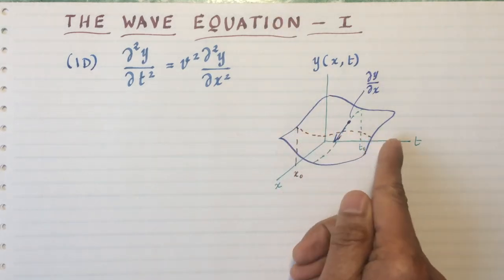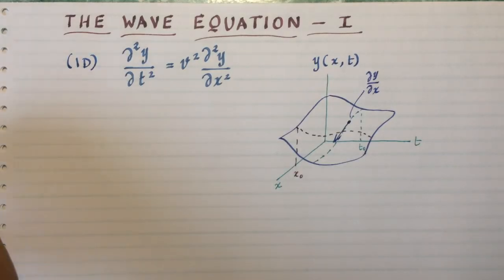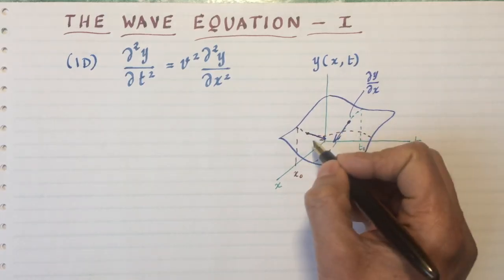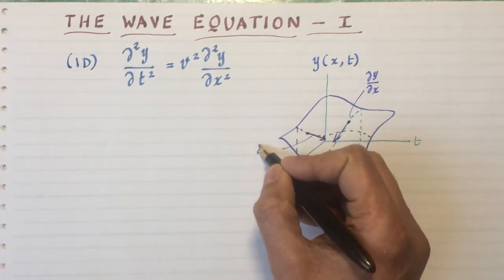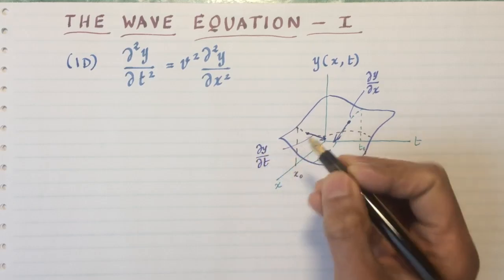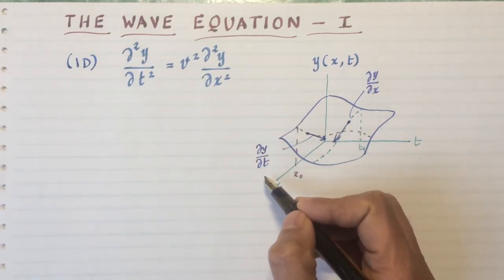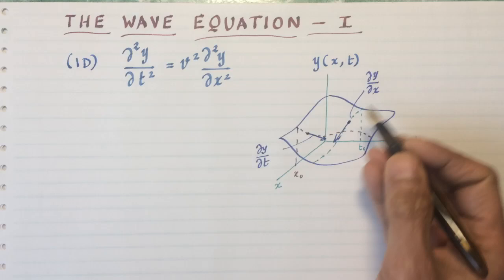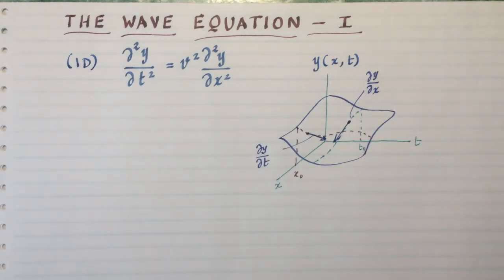That's what's happening here. And so the partial derivative there would just be the tangent to this curve, and that's your del y by del t. In other words, the ordinary derivative with respect to time evaluated at x equals some fixed value. So that's the rough mathematical meaning of the partial derivative.